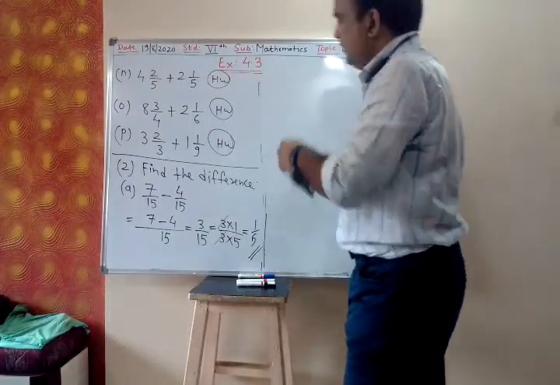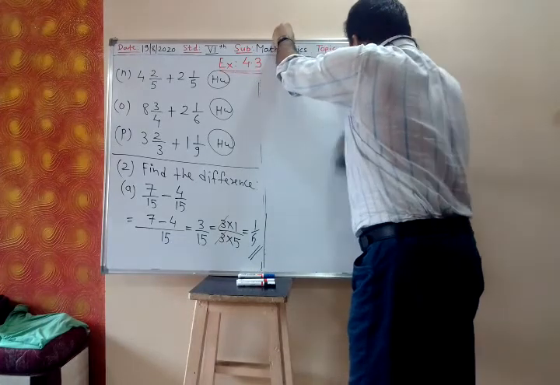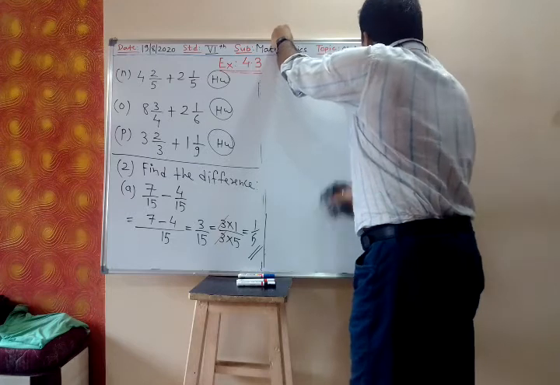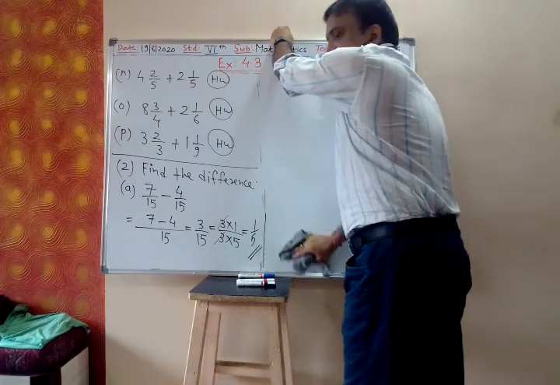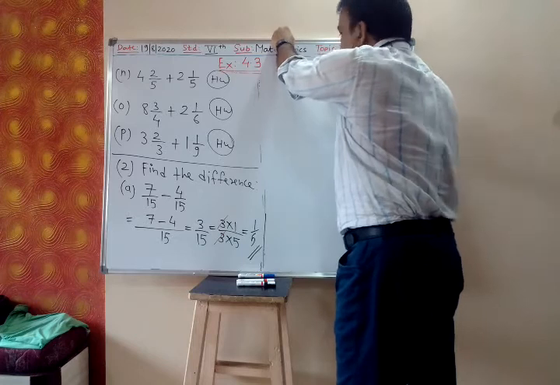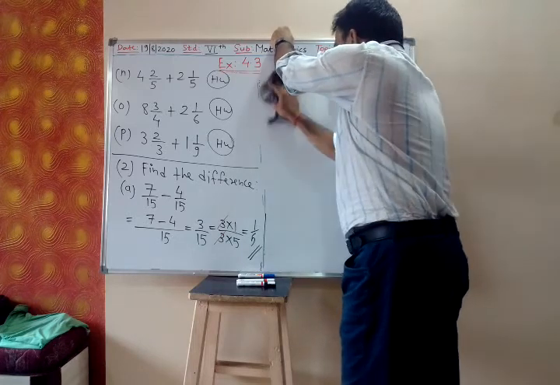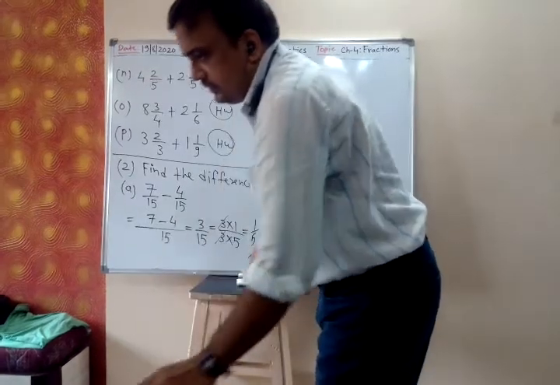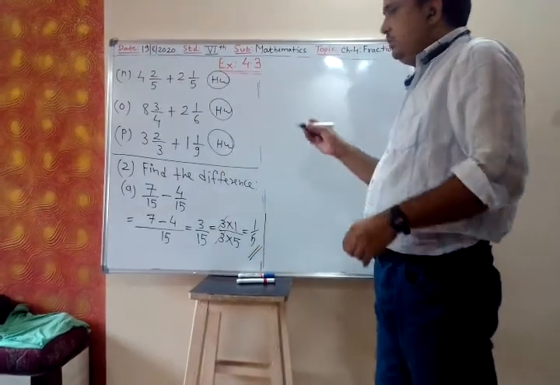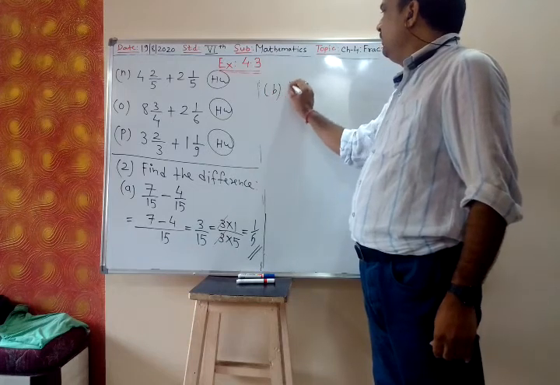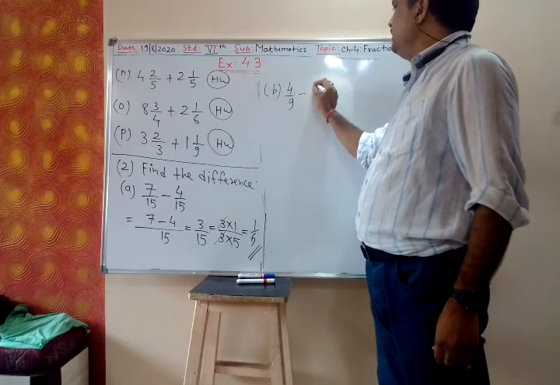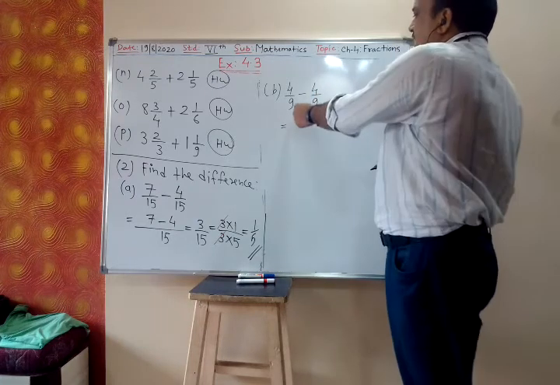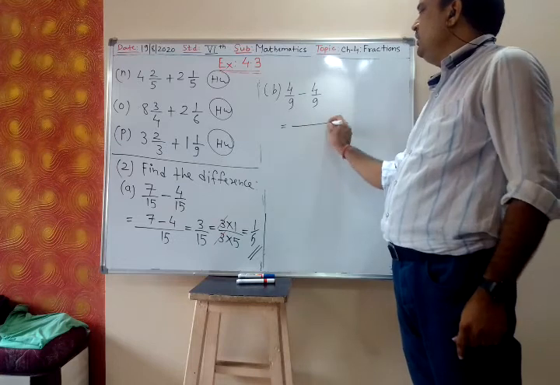Now next is B part: 4 by 9 minus 4 by 9. 4 by 9 and 4 by 9 are like fractions, 9 and 9, so I will take the denominator common.